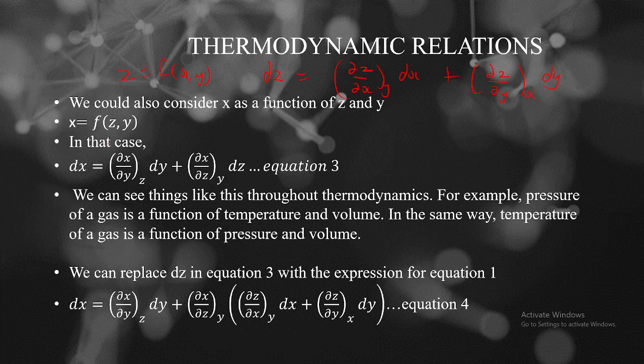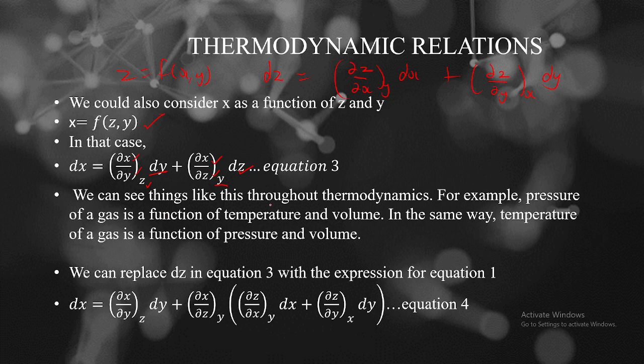Now what we want to do is make x a function of z and y. So we'll have dx equal to del x del y when we keep z constant times dy plus del x del z when we keep y constant dz. So it's the same understanding.